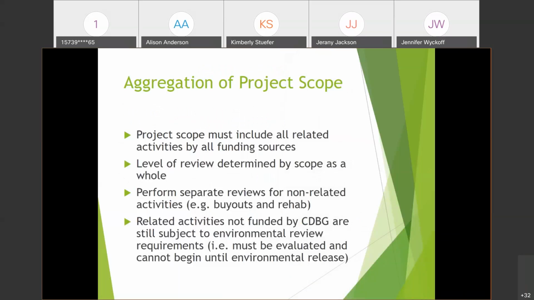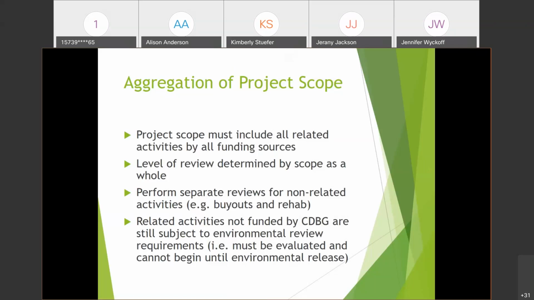So in addition to the activities that CDBG funds would pay for, it needs to include all other sources of funds, so activities that are being funded by the local government or by another federal agency all need to be included in this project scope. The level of review is determined by the scope as a whole. So you're taking into consideration the highest level of review for the actions that are in the project.